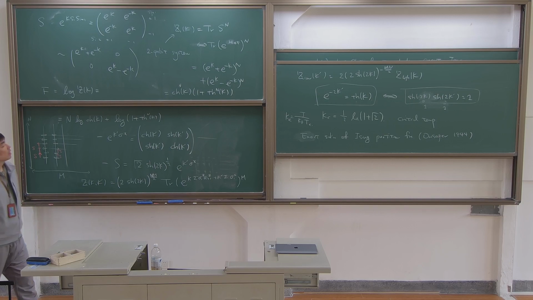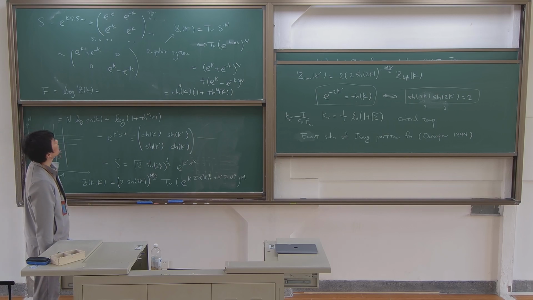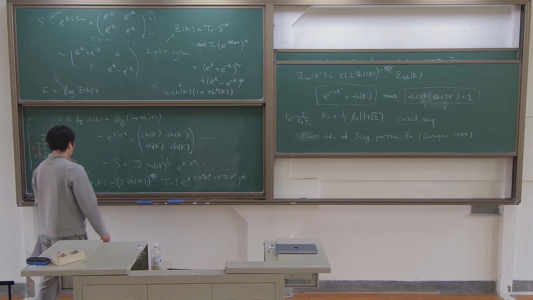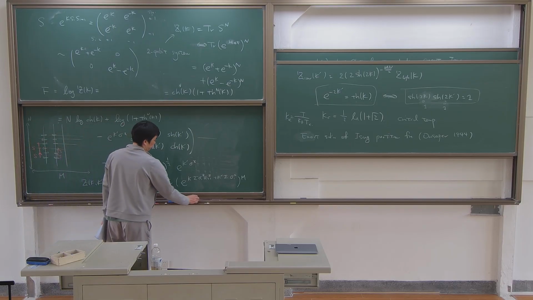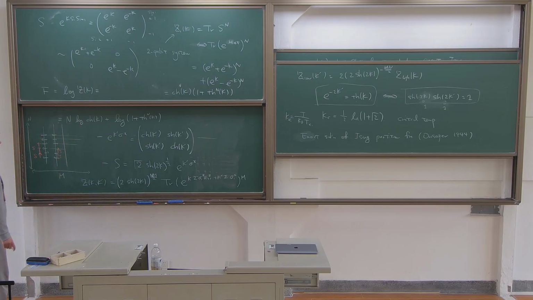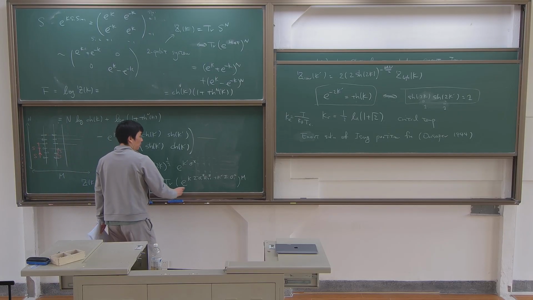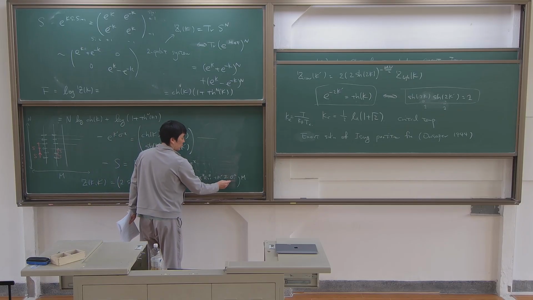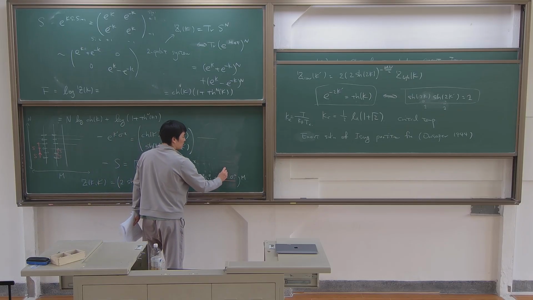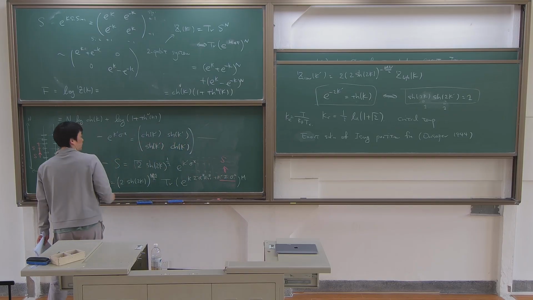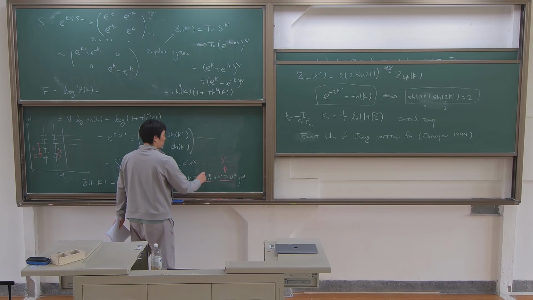So you take S as the vertical direction to the n side, and this is the S part. And here, this is the vertical horizontal interaction.